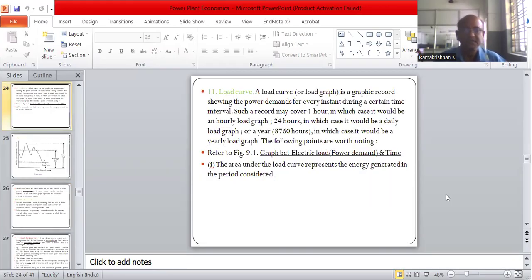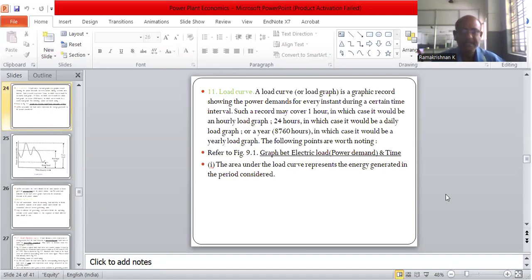Next term is the load curve. It is a graphical plot between the electric power demand and the period of time over which the load curve is considered.